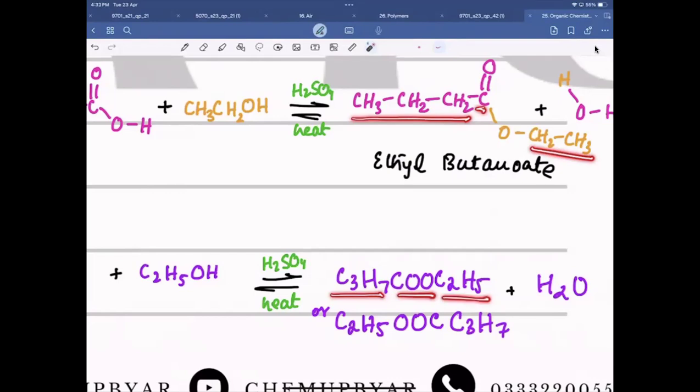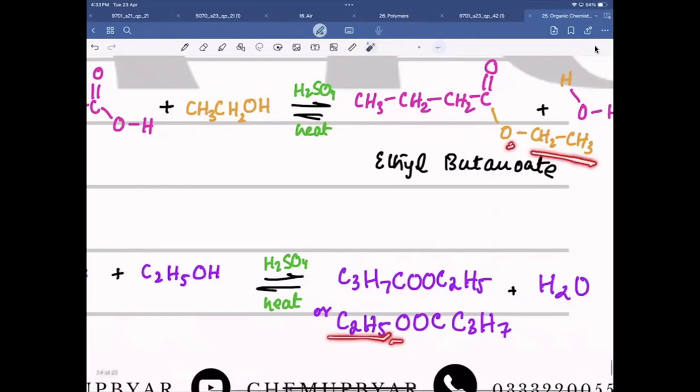If I start from here, there are 2 carbons and 5 hydrogens. Then there is an O and C, and then 3 carbons and 7 hydrogens. See, the flipping is there, because there is a C double bond O here and OOC here. Okay, sir. Clear.